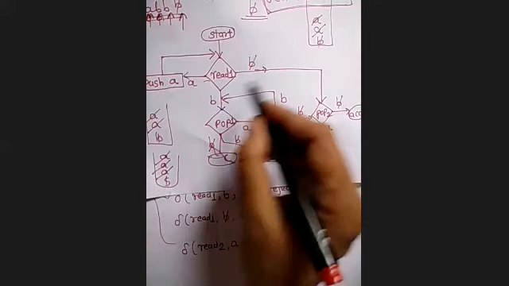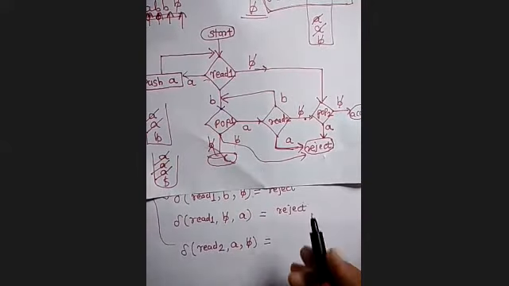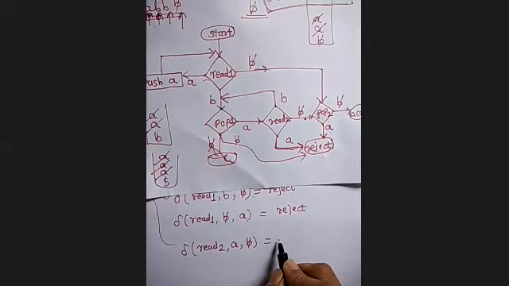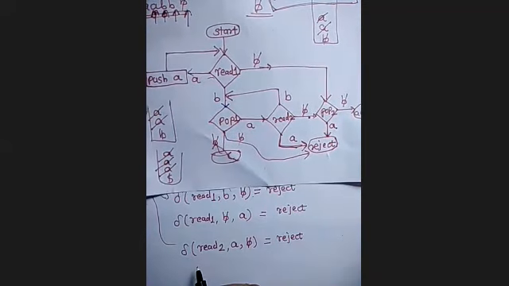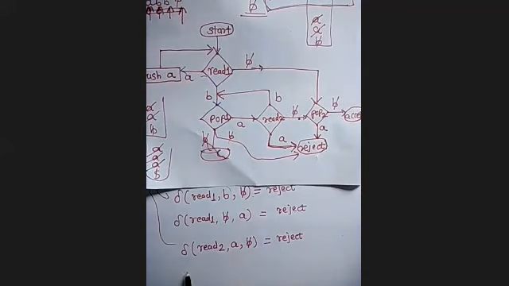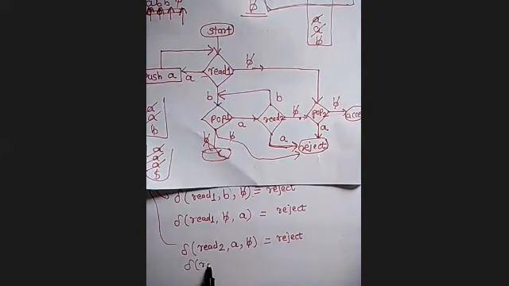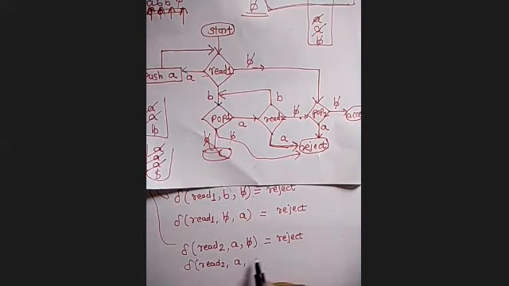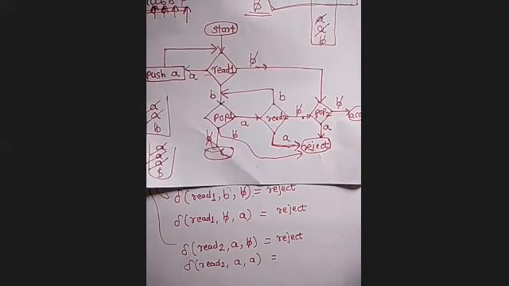It is given here in this diagram. Read two, A, directly reject, stack empty. In read two, A came so we are rejecting it. Okay. Then now for read two, we'll consider read two reads A and the stack contains A. What is the next step? What do we have to do?